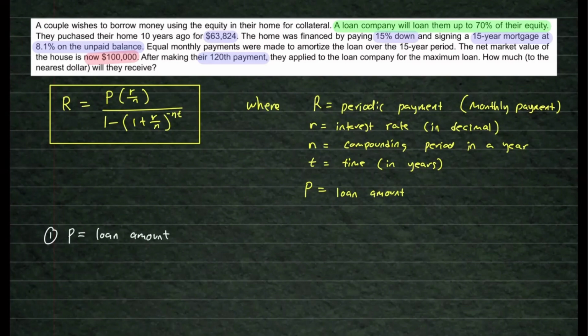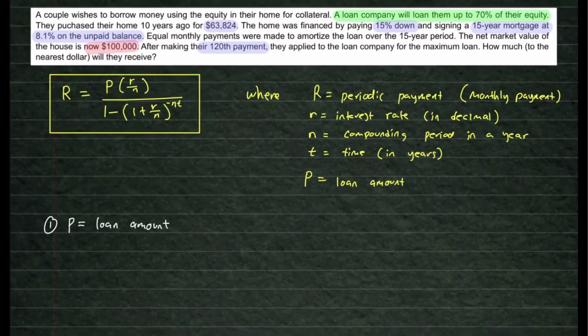Now, in order to do that, I'm going to consider what is 15% of $63,824. So you do $63,824 times 0.15, and this you will put in your calculator. You'll have about $9,573.60.